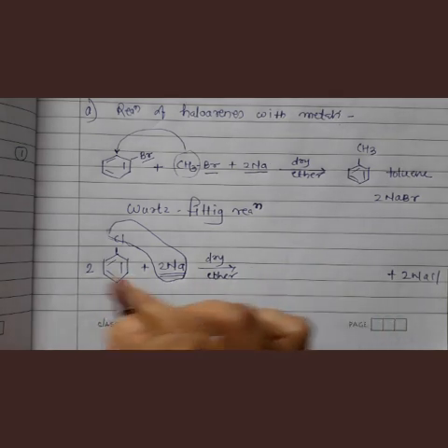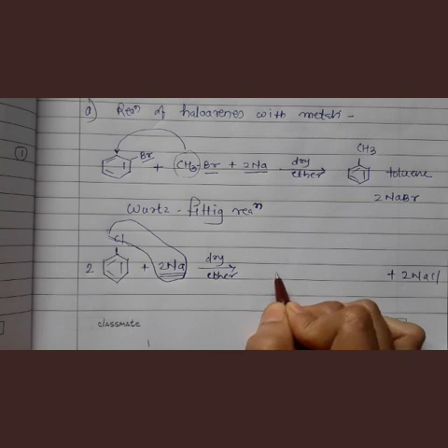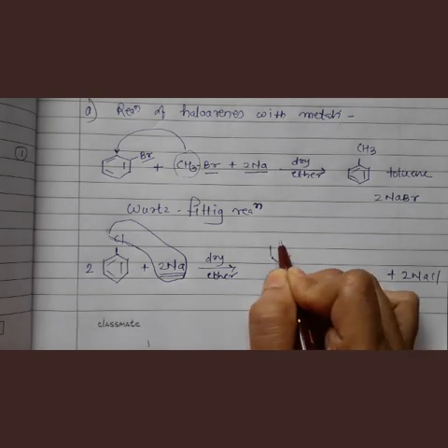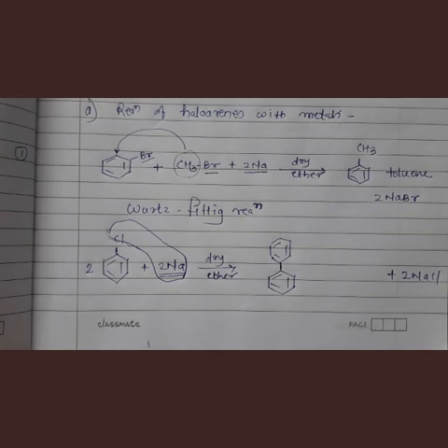This one ring I am showing over here, and another ring will get attached in this way. This compound is called a biphenyl compound. Understand? And this reaction is particularly known as the Fittig reaction, only Fittig reaction. When only aryl halide is present, the reaction is known as the Fittig reaction.